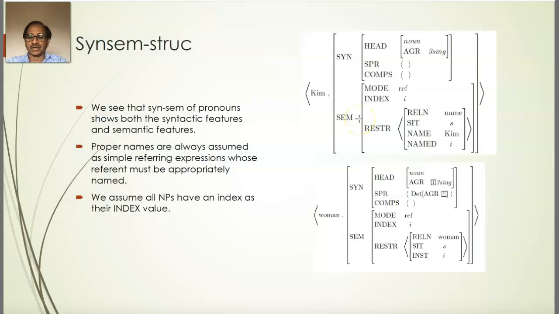We have seen the syn-sem structure of a proper noun and of a common noun. In the syn-sem structure of a proper noun, the index is co-indexed with, shared with, named, so that the proper noun has a reference to a person called Kim.